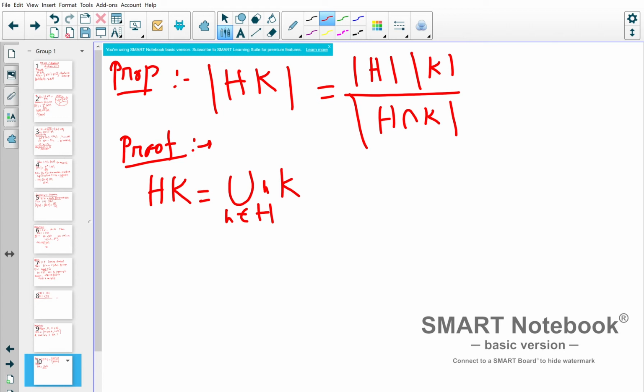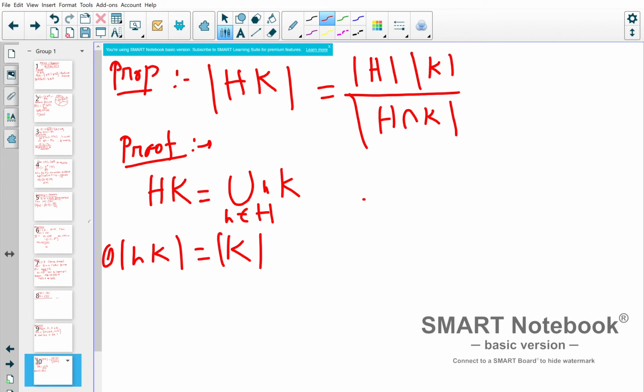Now what is known about these things? I am not writing that these are all distinct; I need to find out how many of these may not be distinct. But the known fact is that the number of elements in each is exactly the order of K. This is known to us.